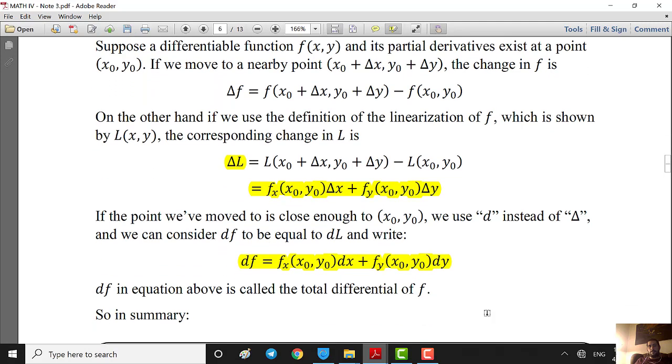Now, df in this equation is called the total differential of f.